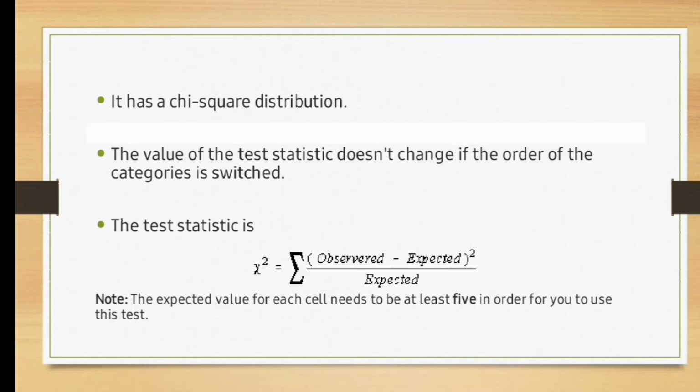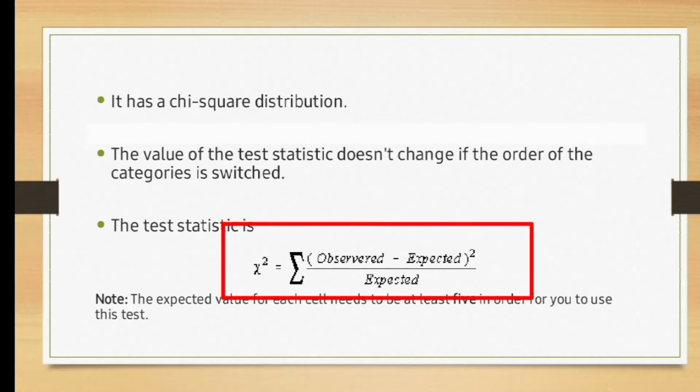as a chi-square distribution. Next, the value of the test statistic doesn't change if the order of the categories is switched. And the last one, the test statistic is chi-square equal to the summation of observed minus expected squared over the expected.